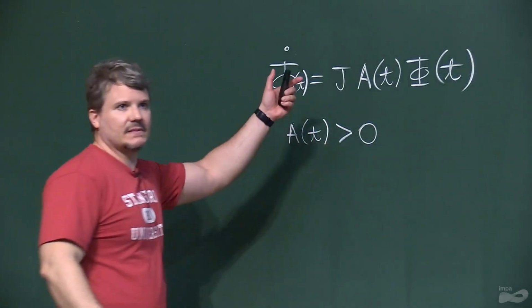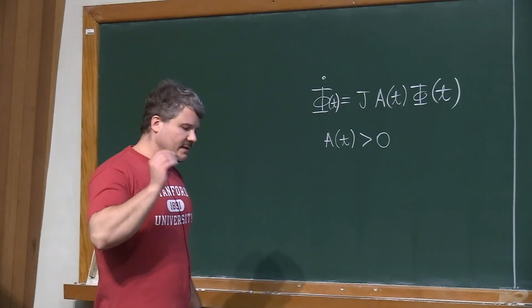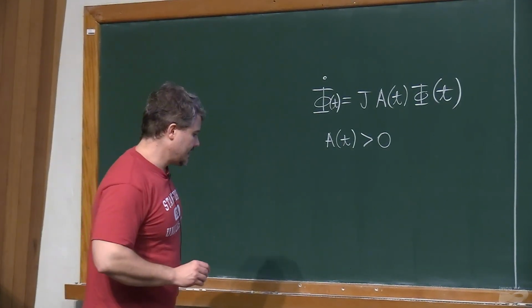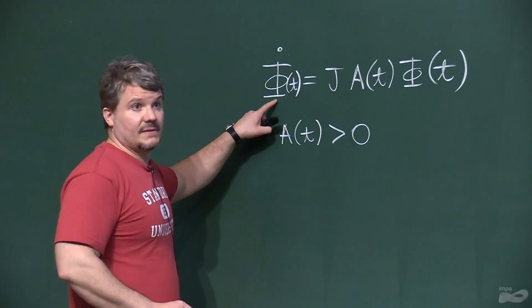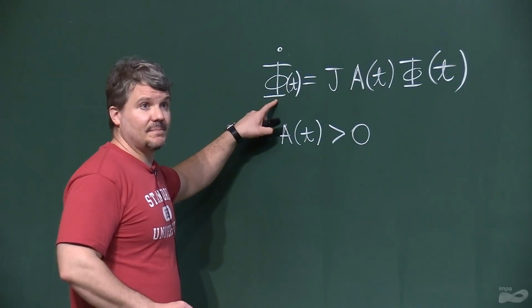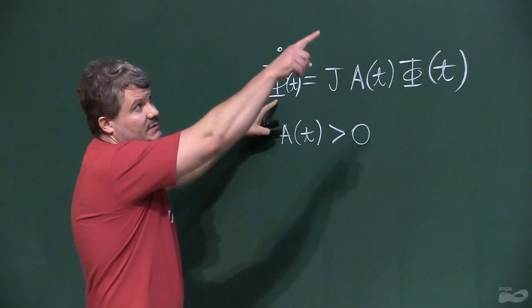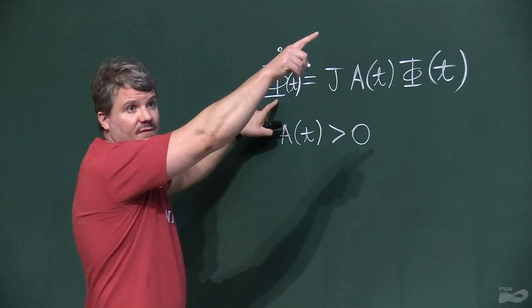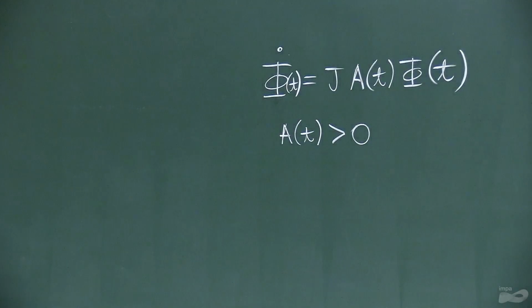And then it turns out, and this is actually a very important point, that the second iterate of a positive symplectic path always satisfies this condition. I will talk about this later.